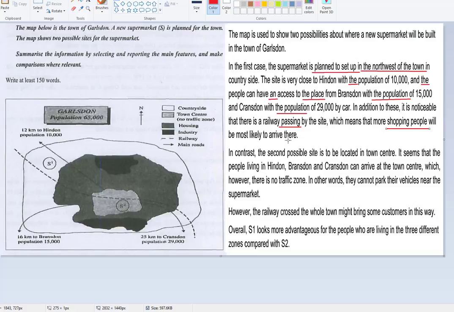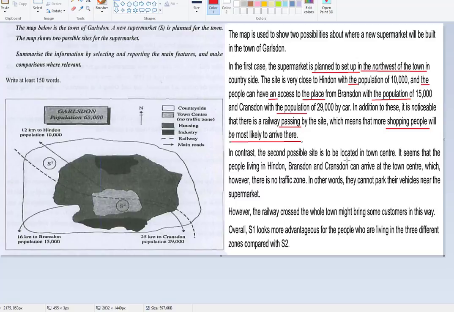Will most likely arrive there. See, this whole phrase. So customers can have easier access or convenient access to the supermarket. Not this phrase here. I think they're talking about access.